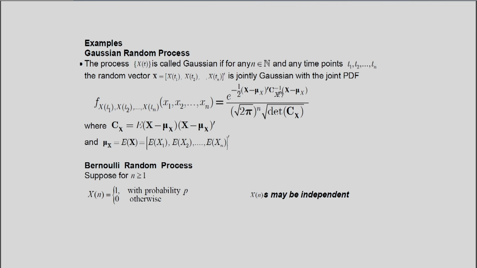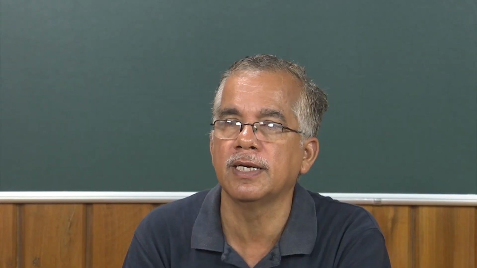Next, an elementary example of a random process is what is known as the Bernoulli random process. We know the Bernoulli random variable, which can take only two values 0 and 1. Suppose xn at any instant n takes value 1 with probability p and 0 with probability 1 minus p. Then this is a Bernoulli random variable, and we may also consider that the Bernoulli trials are independent.